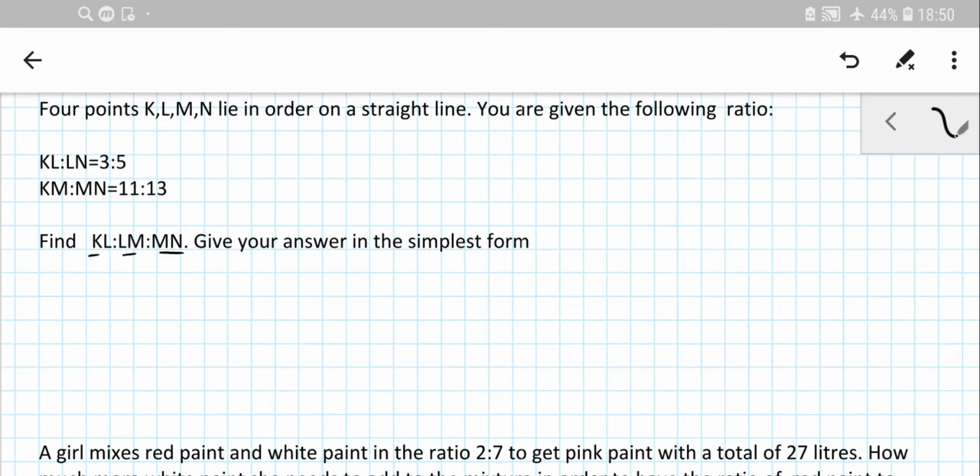Before we do that, let's set up the line. Let's say this is a straight line, and on the straight line in order means they are arranged in order: you are given K first, then L, then M, and finally N. So they lie on a straight line, and you're given the ratio KL to LN.